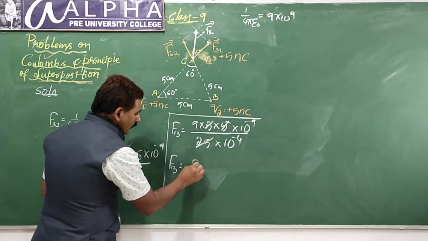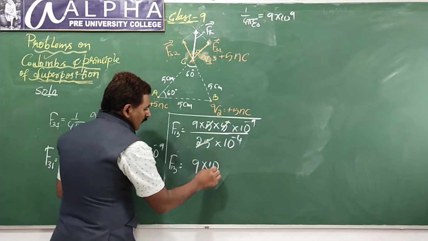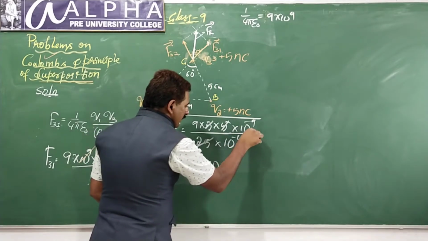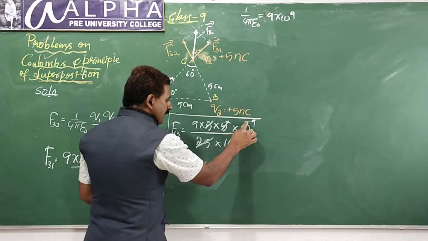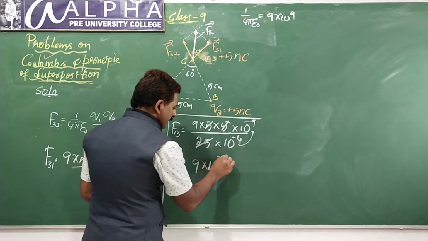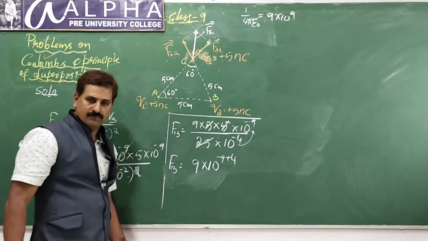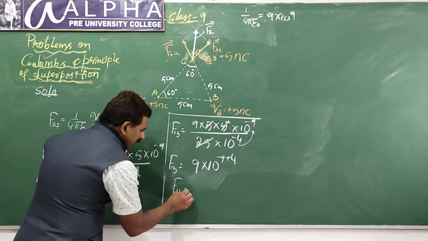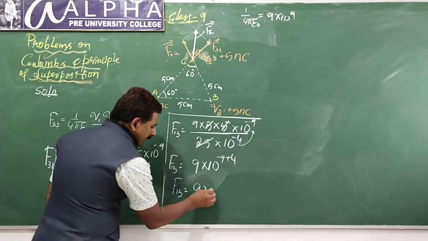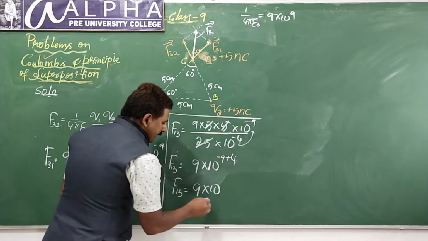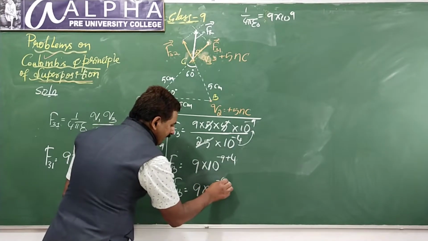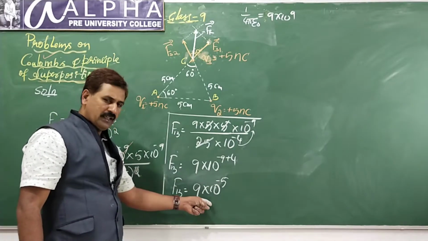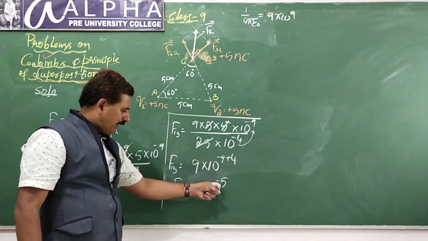The remaining value is 9 × 10 to the power minus 9; this value comes to the numerator, so it becomes plus 4. What is minus 9 plus 4? The final value F13 equals 9 × 10 to the power minus 9 plus 4. What is minus 9 plus 4? Minus 5. Students, you can keep it like this only, or you can better make it an even number.